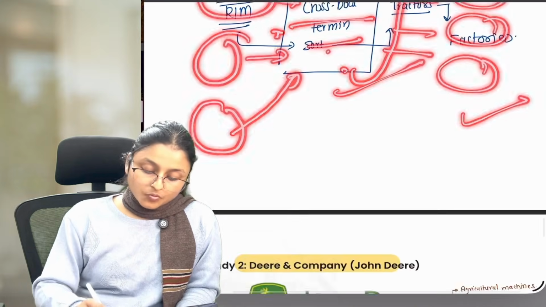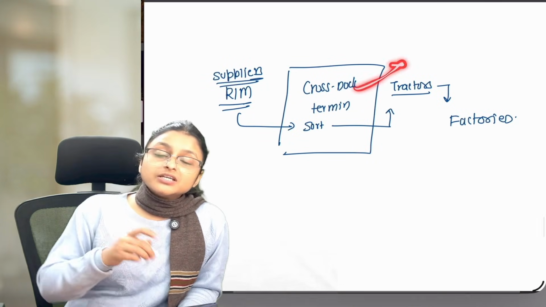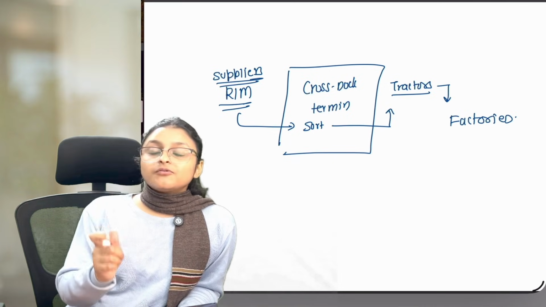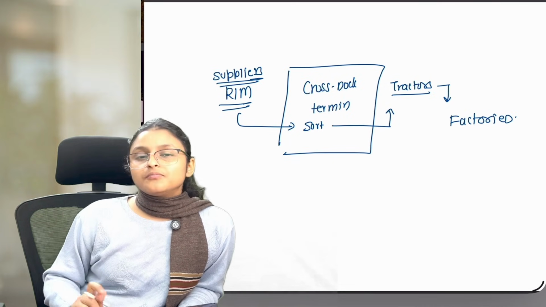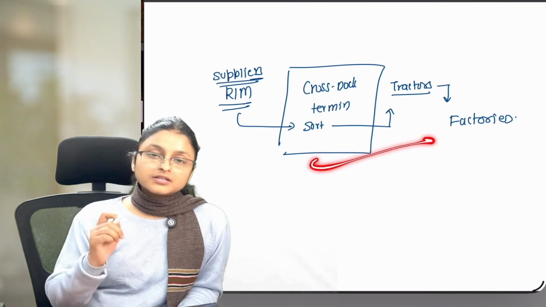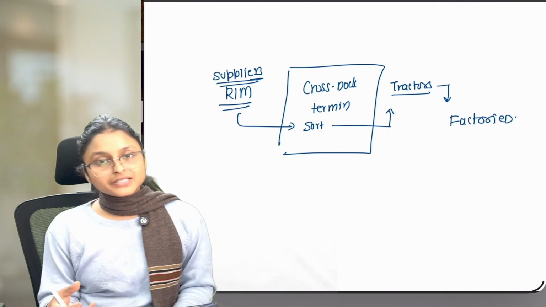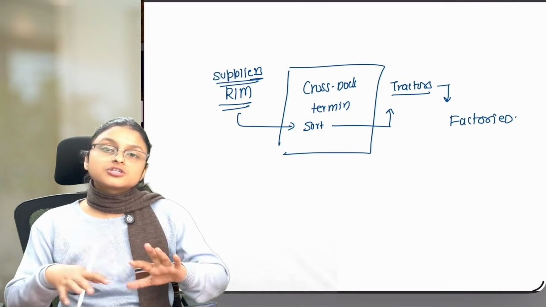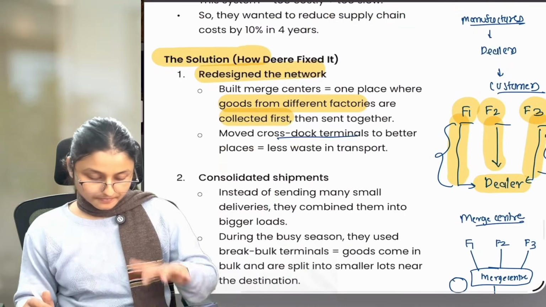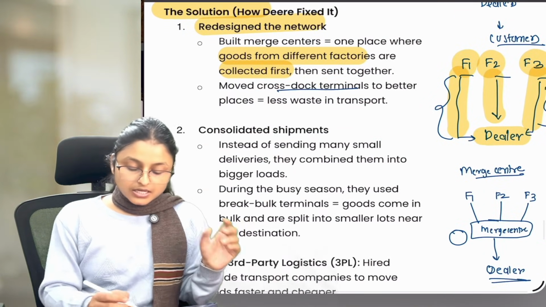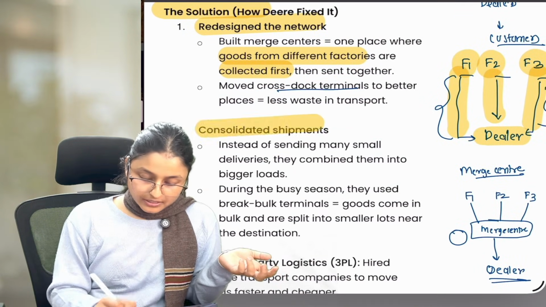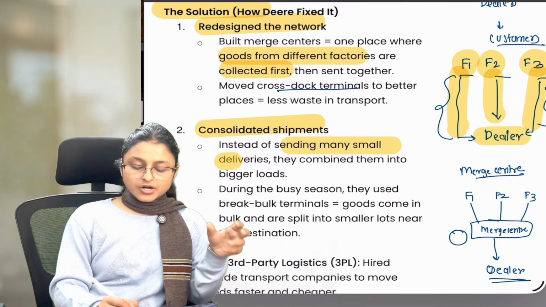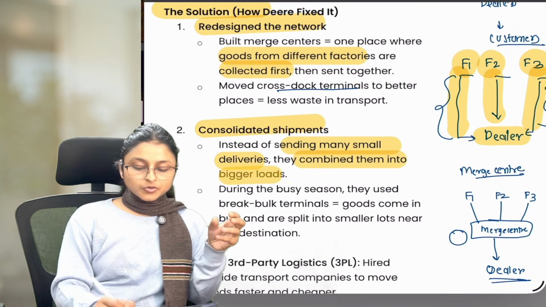Done. So John Deere was using cross-dock terminal. But what they did, they moved this cross-dock terminals to better places so that transportation can also be reduced. Done. Next, consolidated shipment. Instead of sending many small deliveries, they combined them into bigger loads.